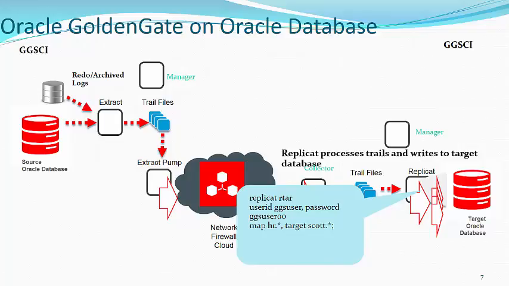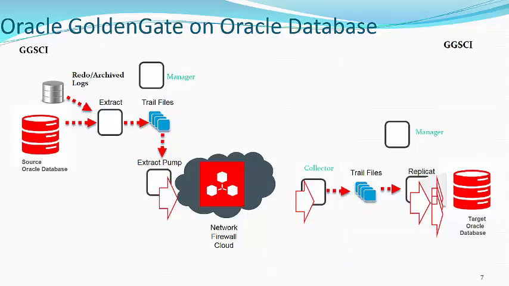In which case, the tables on the source are from schema HR, and the target schema is different. Every time it reads the trails, every time it encounters some records that need to be processed, it processes them because I put the character asterisk, which means replicate everything. All right. So that's basically how these things flow.